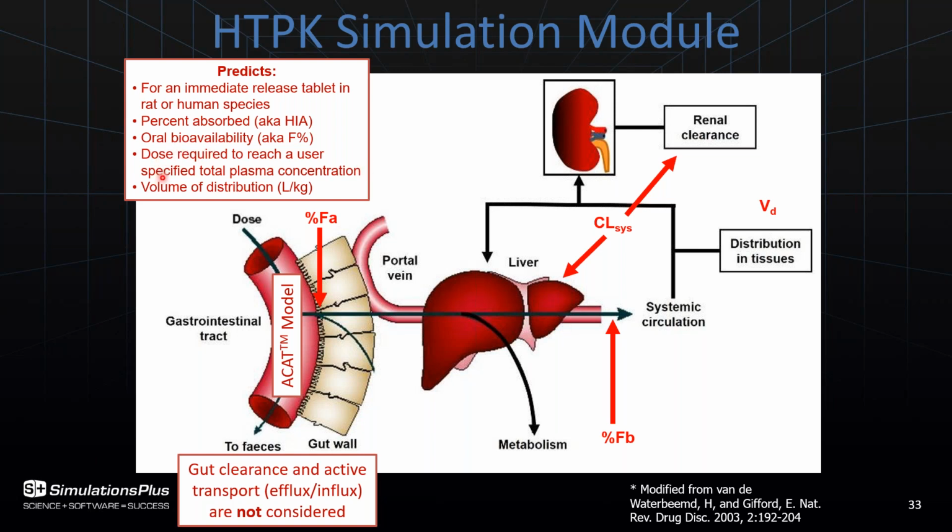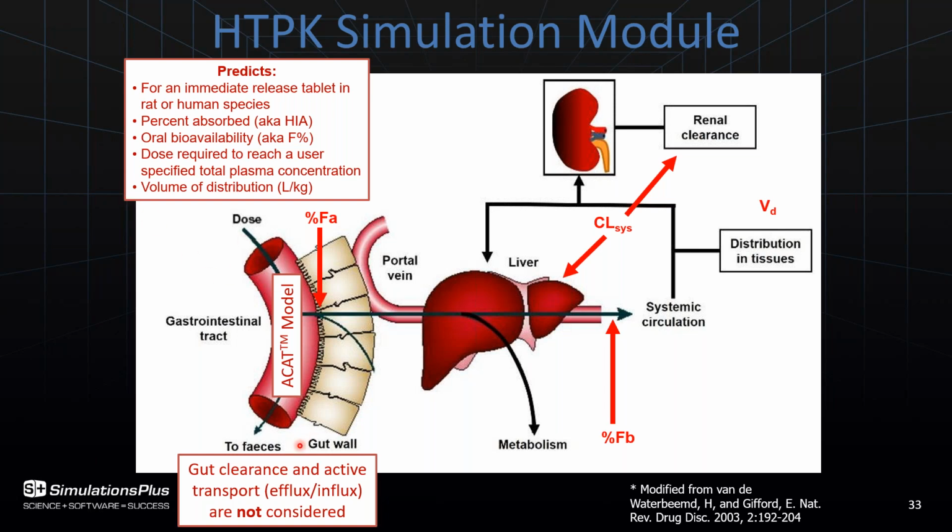We can predict the dose that would be required to reach that plasma concentration. We also have a prediction of the mechanistic volume of distribution, which uses KP models for different tissues and uses an equation to come up with the volume of distribution for a PBPK type model.